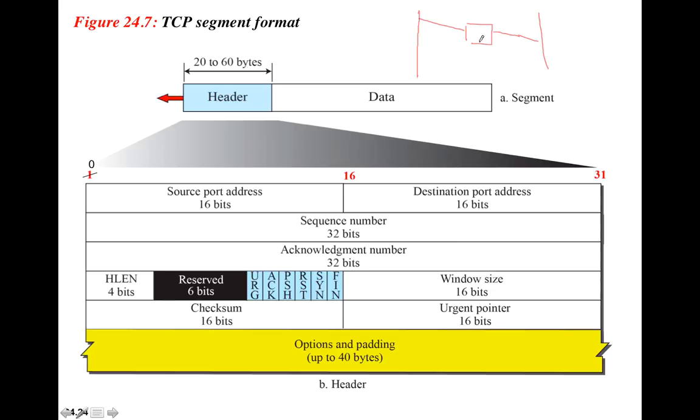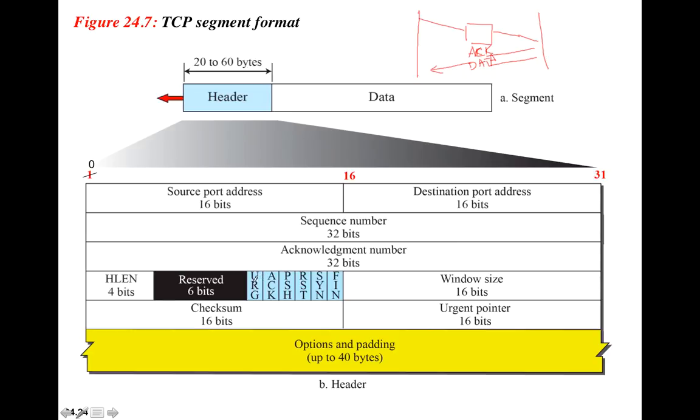So the receiver can either send 2 packets, one for acknowledgement and one for the data requested, or it can combine the 2 in 1 packet. So you will have the data sitting here, but you can also send the acknowledgement number in the same packet. So we are saving a packet in this case. But as I said, if we want this field to be valid, the acknowledgement bit must be set.